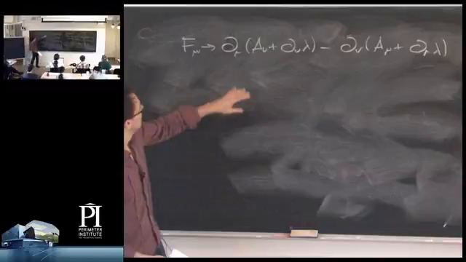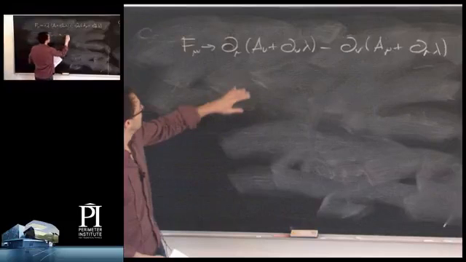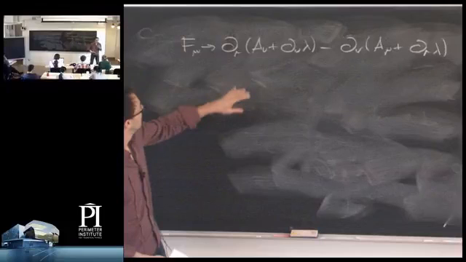But you see the d mu d nu here cancels the ones with the derivatives the opposite way around there. Okay, so the field strength doesn't change, so the action only depends on the field strength and not on A, so the action doesn't change either. Okay?